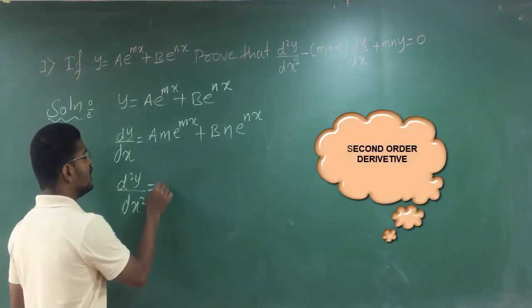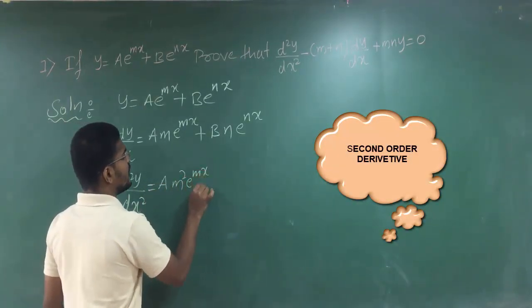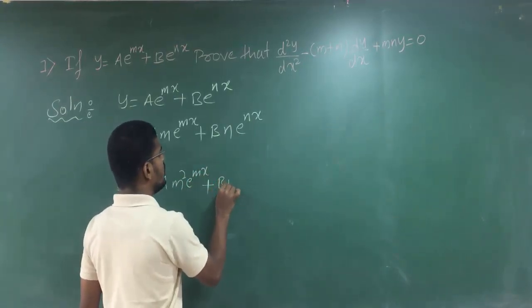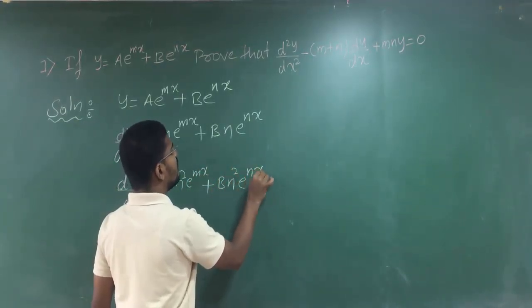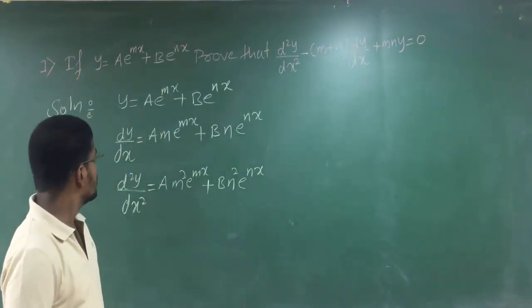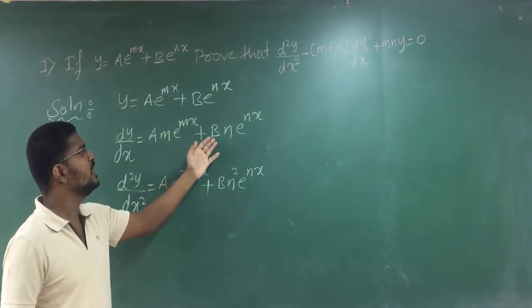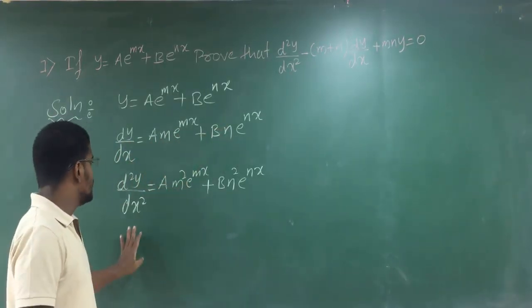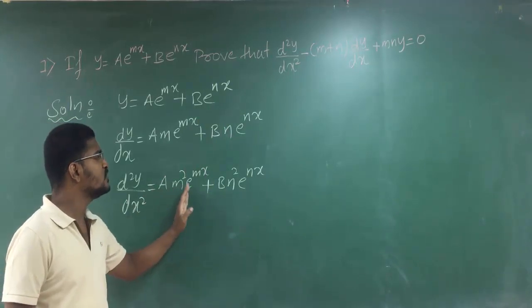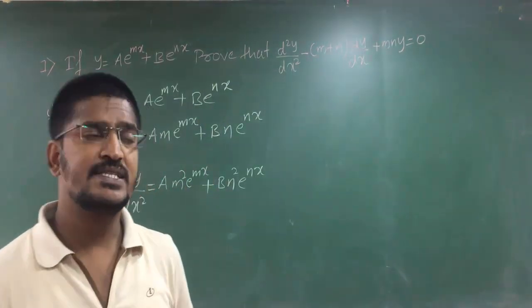That will be a into m square e to the power of mx plus b into n square e to the power of nx. So dy by dx is a m e to the power of mx plus b n e to the power of nx, and if I differentiate again, a m square e to the power of mx plus b n square e to the power of nx.